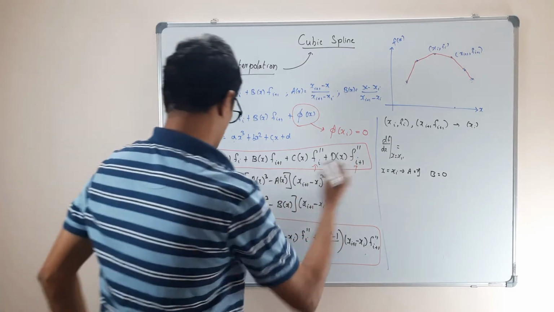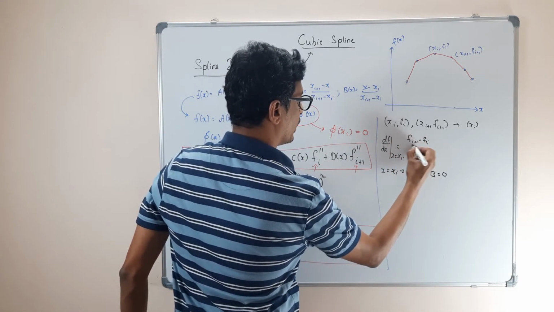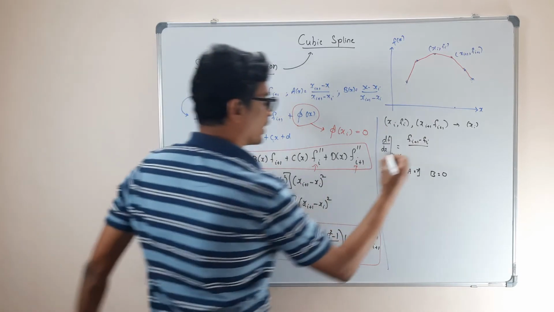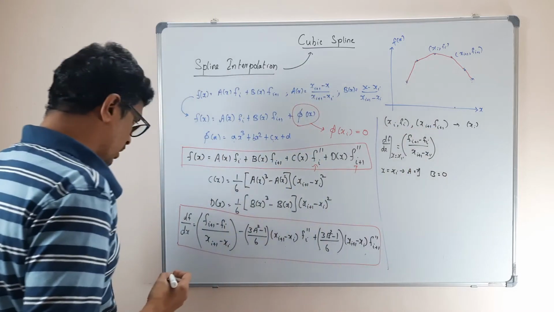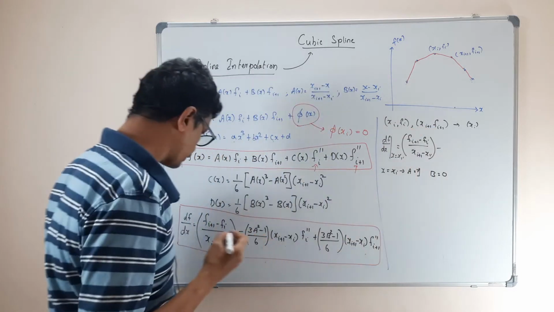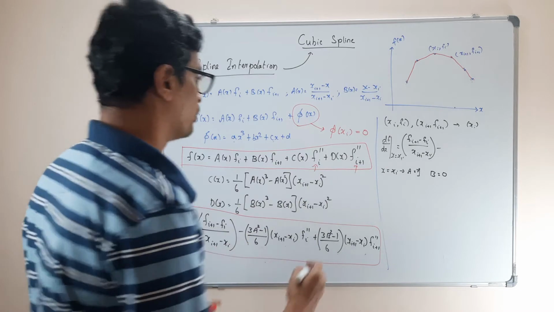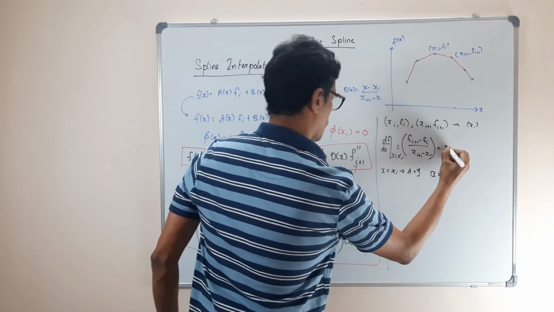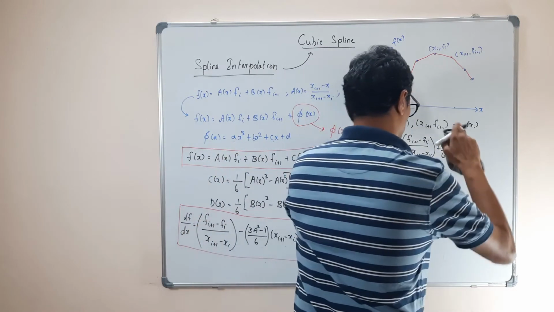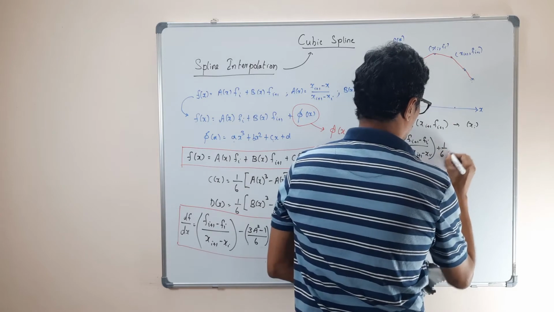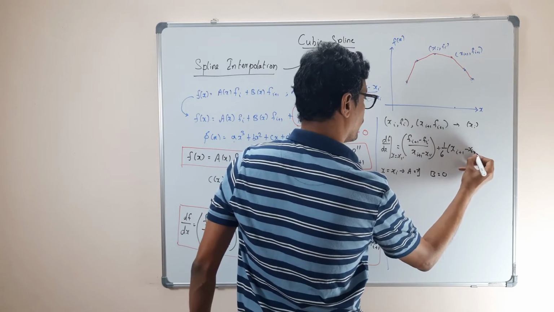So we are going to get f of i plus 1 minus f of i divided by x of i plus 1 minus x of i, and minus, with a equal to 1, this becomes plus 1 by 6 times x of i plus 1 minus x of i.